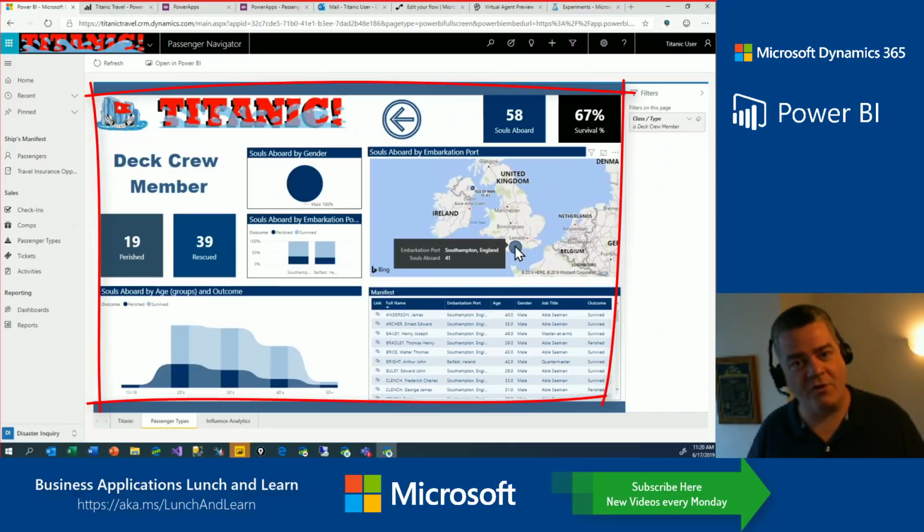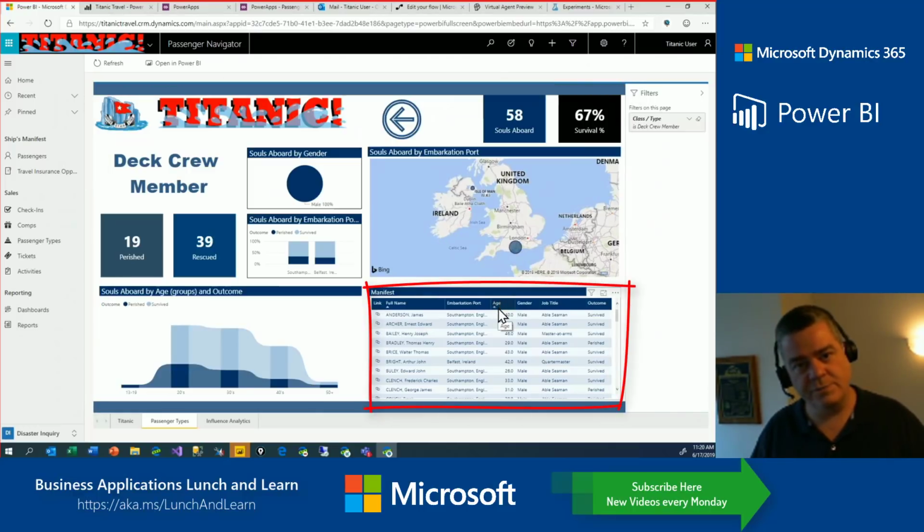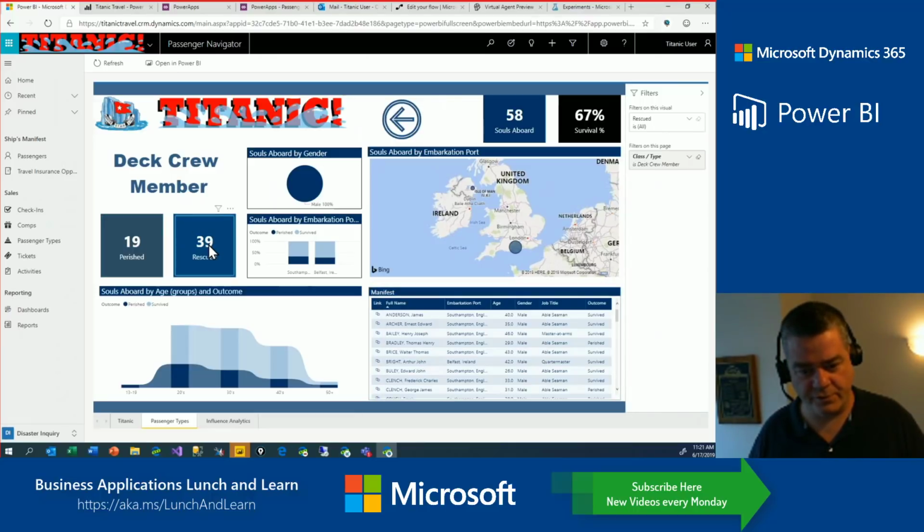But once I get that far into the data, if you'll notice below, because these two systems are so easily integrated with each other, I've got a list of the manifest of these contacts coming out of Dynamics, being filtered into Power BI. Let's say I filter it to just the 19 that perished, or just the 39 who were rescued.